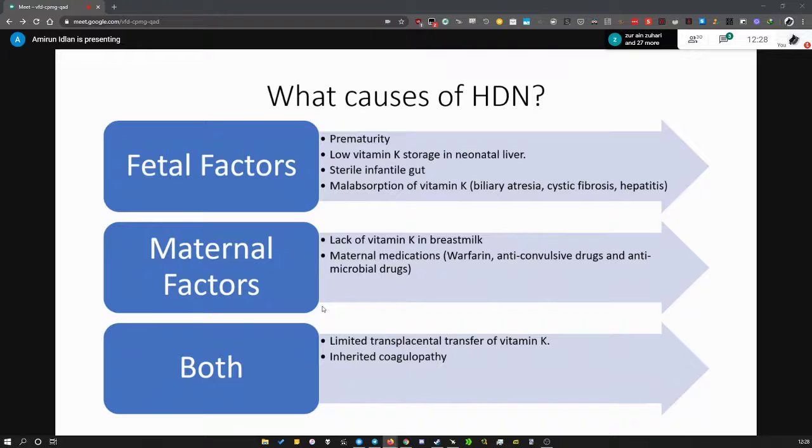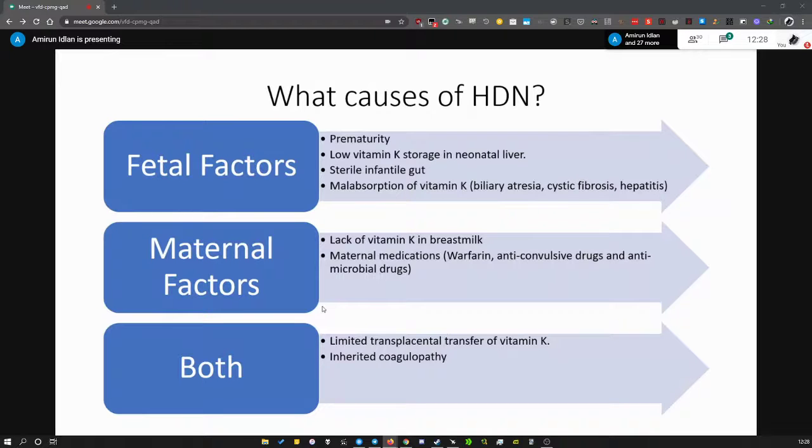And also, as I said before, the sterile fetal gut, so there will be no bacterial growth during that time and no vitamin K production. Another cause, mostly at late onset, is malabsorption of vitamin K, for example biliary atresia, cystic fibrosis, and hepatitis.